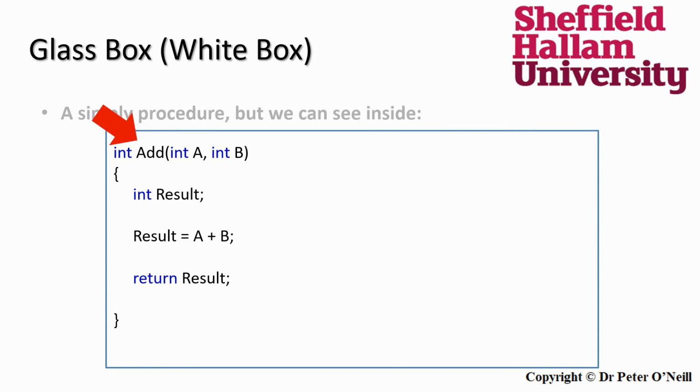Add a and b. Set up a result. Add a to b and put it in result, and then return the result, which goes back out. And we can step through that, so we can send 1 and 1, and watch what result comes back through the variable result.